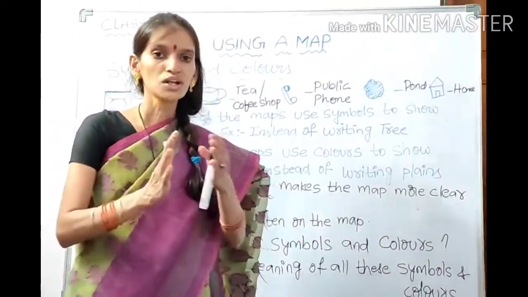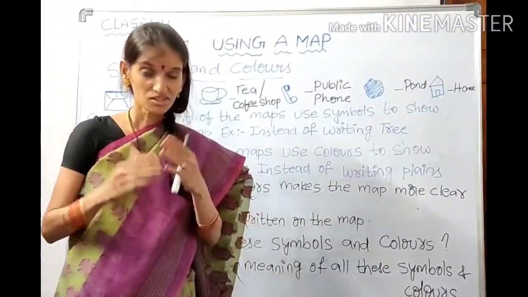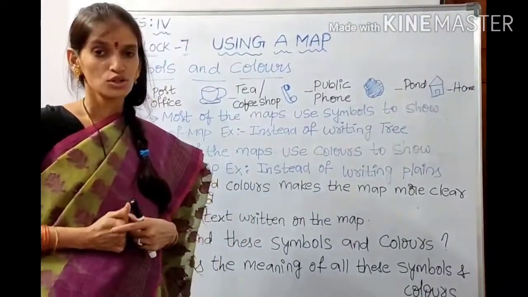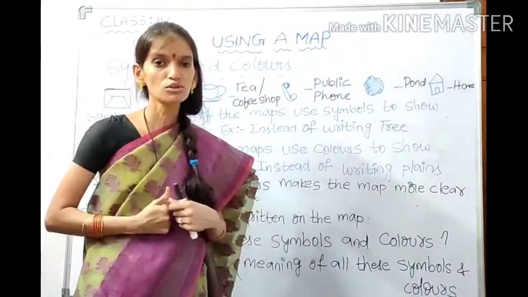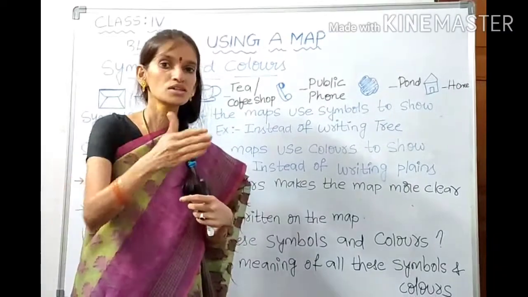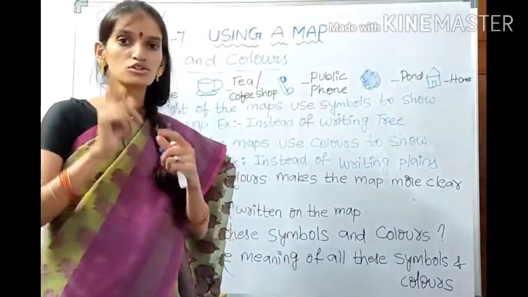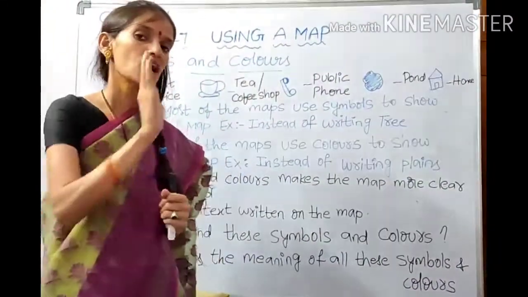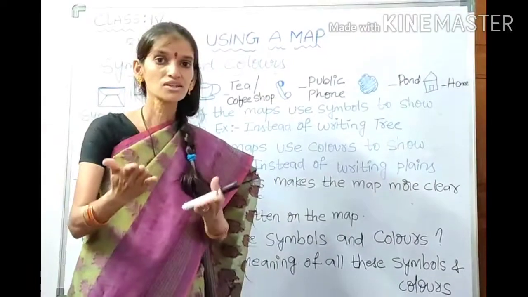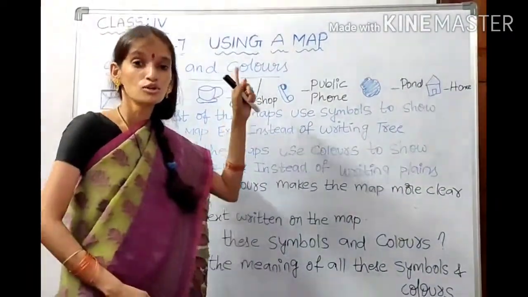You will first go and search for a hotel. If you are taking the Google map and have seen the direction, you will find a symbol there. So you will go to the particular hotel where the symbol is and you will stay there. So like this, these symbols help you to know the map.